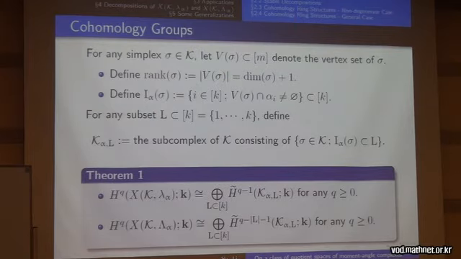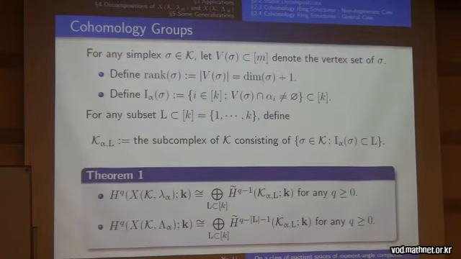And for any subset L in the set of colors [k], we define K_alpha(L) to be the subcomplex of K consisting of those simplices sigma whose colors I_alpha(sigma) belong to L. It means the colors of sigma belong to the set L. So you can think of this as a subcomplex of K defined by a set of colors.